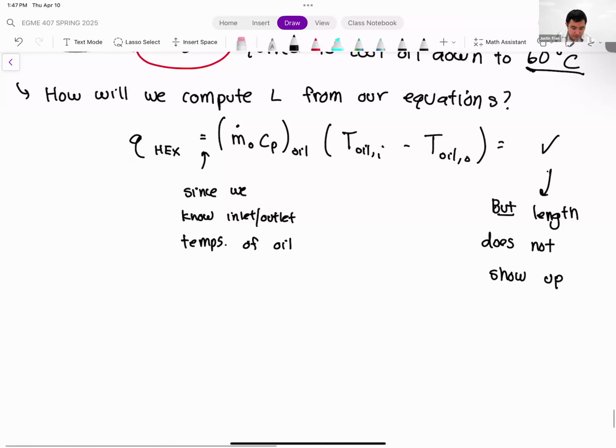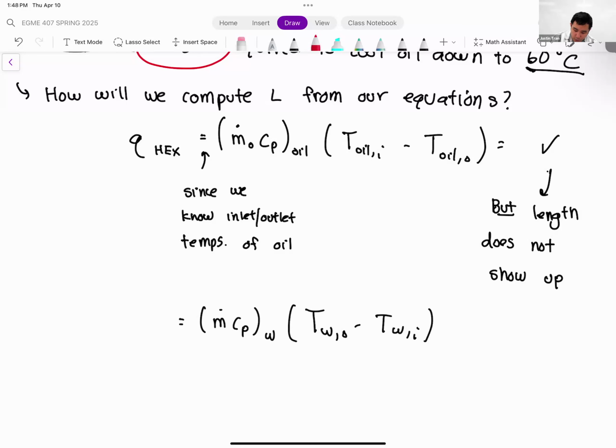And actually, we can use this equation to compute the outlet temperature of the water as well. Remember, that was kind of like the example we did last, right? All the heat that's lost from the oil, we're going to assume is gained by the water as well, right? So this is m dot Cp of the water multiplied by T water at the outlet minus T water at the inlet.